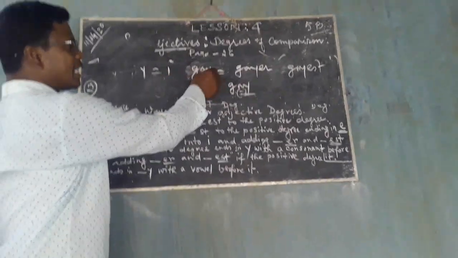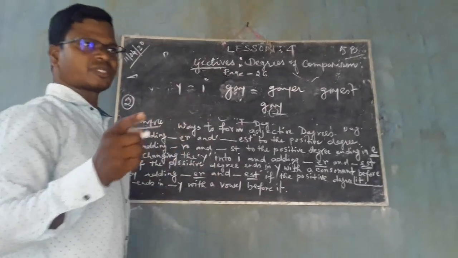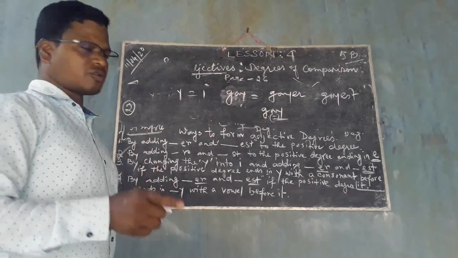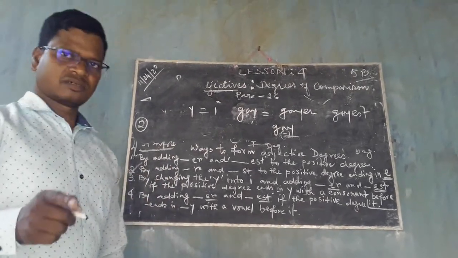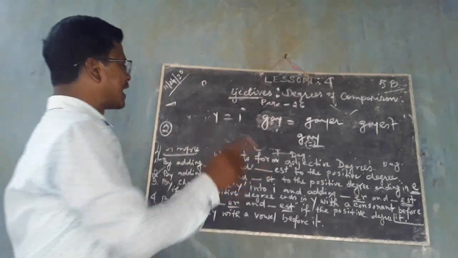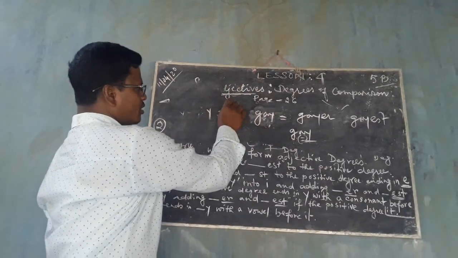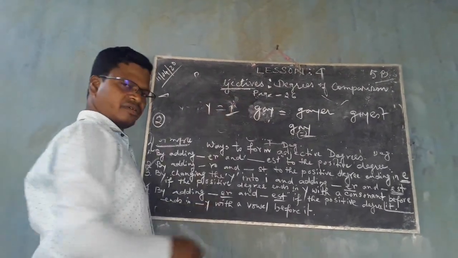You have to see the second last letter, whether it is a vowel or a consonant. If it is a consonant, only then this y will change into i.